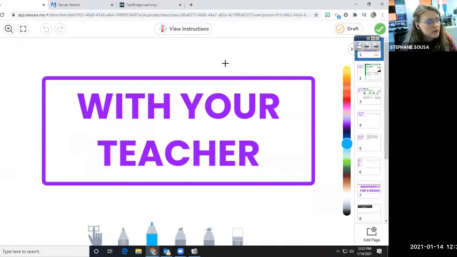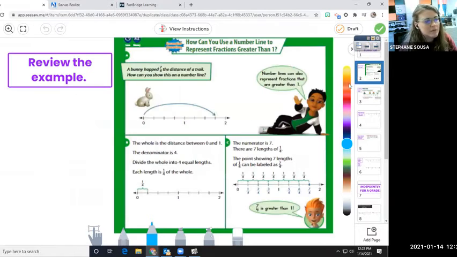Slide 1 says with your teacher. That's me. So we're going to work on these together. Take a look at slide 2. This is an example. This says a bunny hopped 7/4 of the distance of a trail. How can you show this on a number line? So here is the trail and here is our bunny. The trail is 2, let's call it miles, 2 miles.